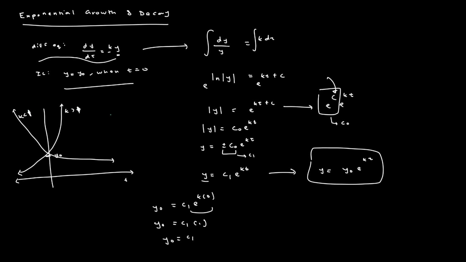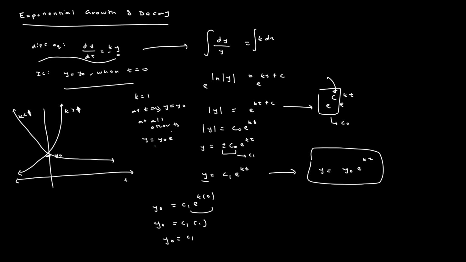If k is equal to 1, then at t equal to 0 we have y equal to y0, and at all other t's we have y equal to y0 times e to the power of k, which is just 1.